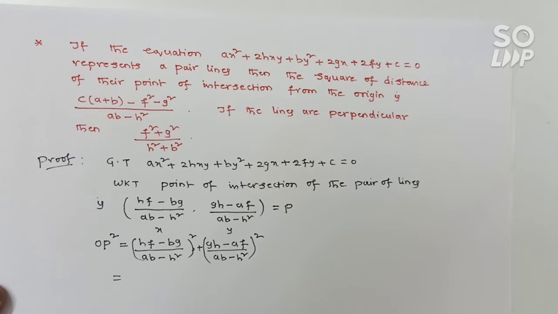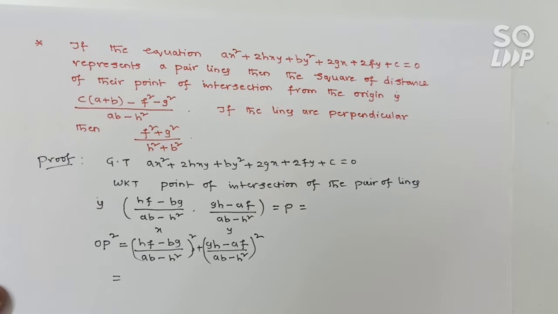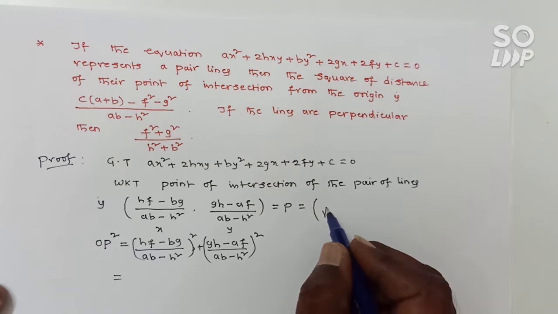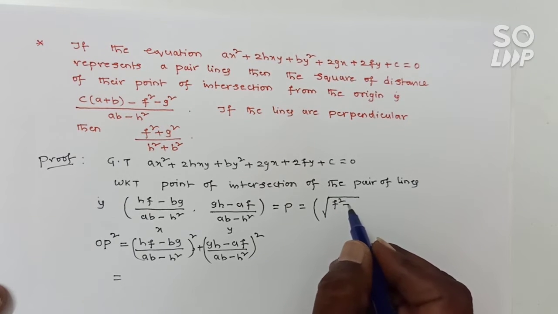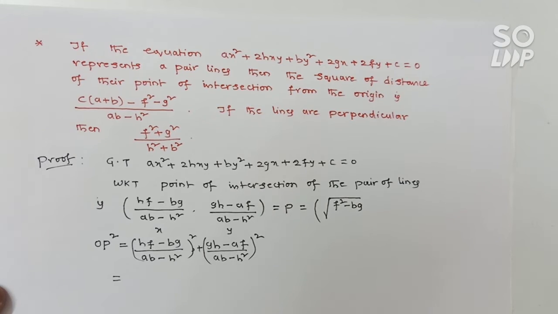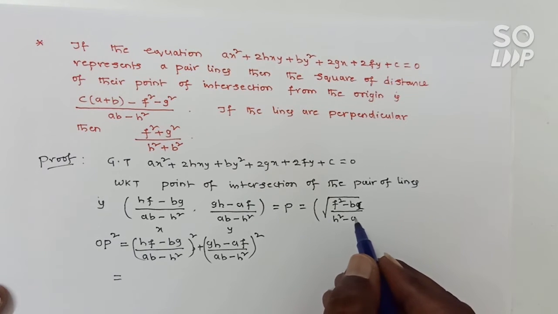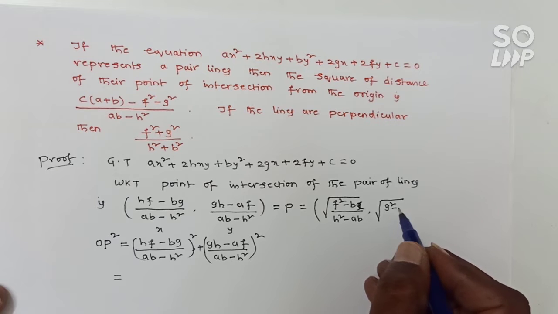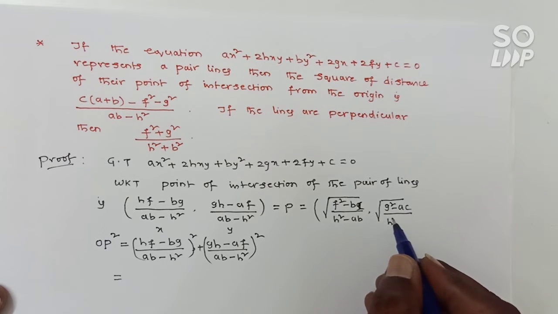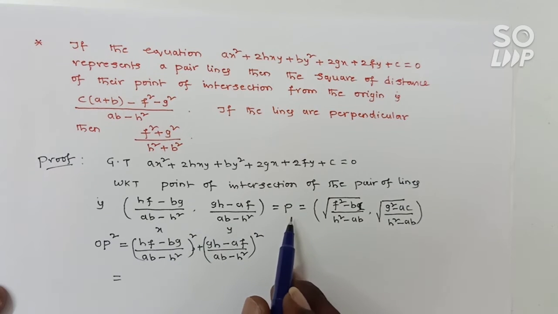Before you take that LCM, there is another expression for the point of intersection: root of (f square minus BC) by (H square minus AB), comma, square root of (G square minus AC) whole divided by (H square minus AB). So the point of intersection has two expressions.